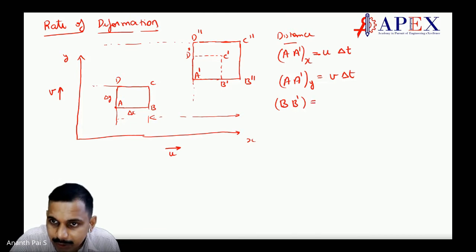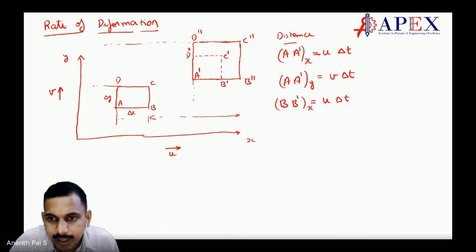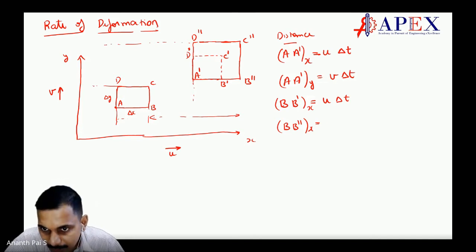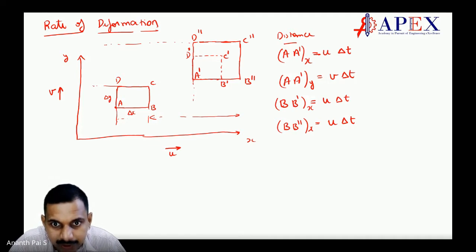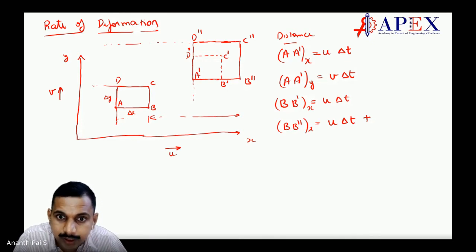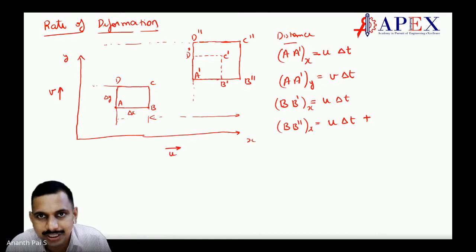Now, what would be the distance between, say, B and B dash? B and B dash would be again u into delta t, correct, along x. But what would be B to B double dash along x? What would be that distance? That distance would be u into delta t to go from B to B dash, plus how, when B moves from this point until it comes here, there might be a change in the velocity, correct?